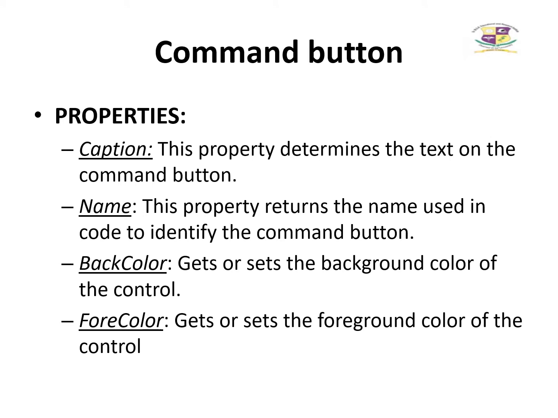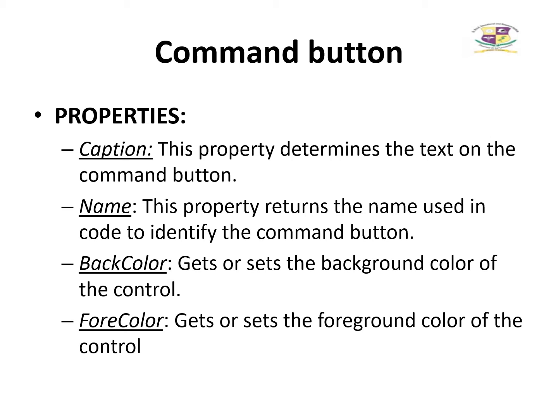Command button. By using command button control, you can provide buttons to the form based upon your requirements. There are various properties for that button. Some of the properties are caption, name, back color and forecolor.